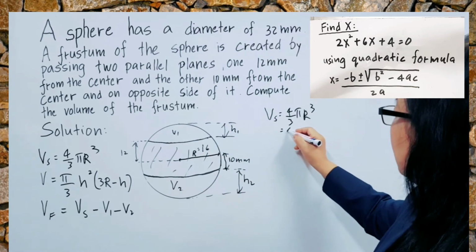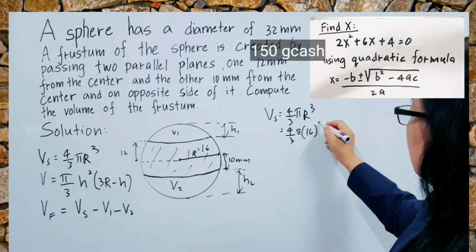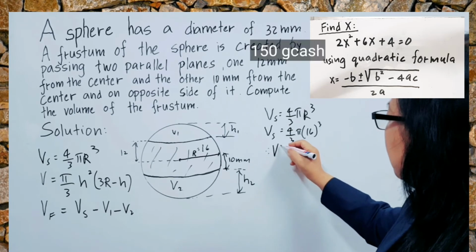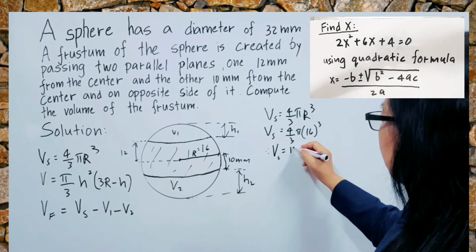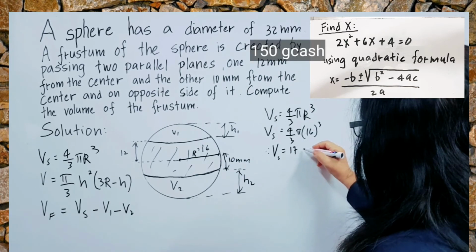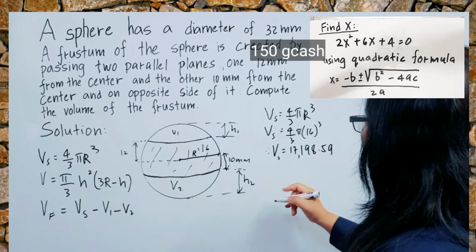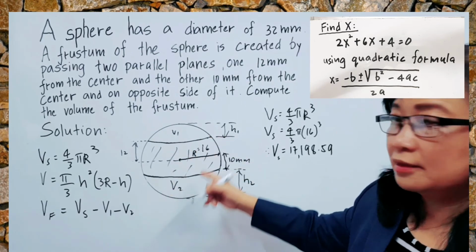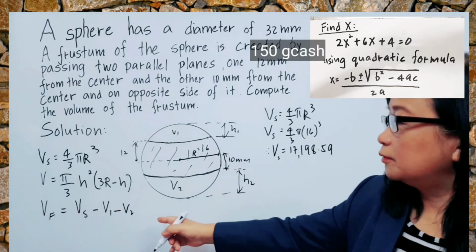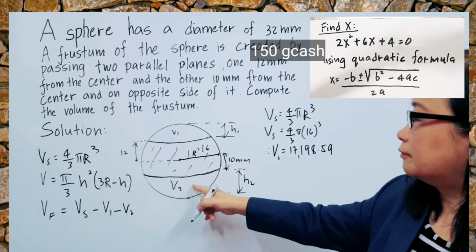So, substituting the value, 4/3 pi times 16 cubed. Therefore, the volume of the sphere is equal to 17,198.59. This is the volume of the sphere, the total volume. Now, as I've said, we can find the volume of the frustum if we take the total, then minus the volume 1 and volume 2.